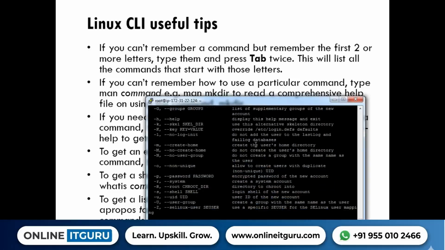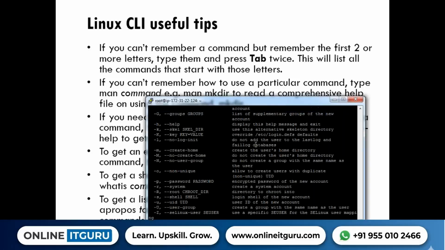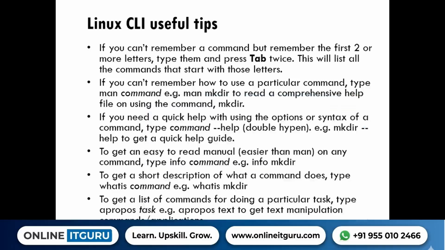Before running any command, just run man space the command you want to verify, or the command space -h or -help. Both can be used here. -h is going to show you the same thing. -help is going to show you the same information. That's what it is showing here.